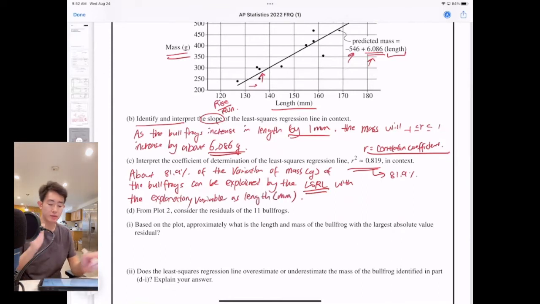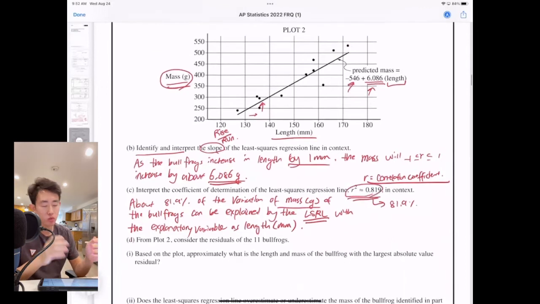So what in the world does this mean? First, we have our 81.9%. That's what R squared is all about. Of the variation, the line is not going to be 100% perfect all the time. You can see how it differs by quite a bit.